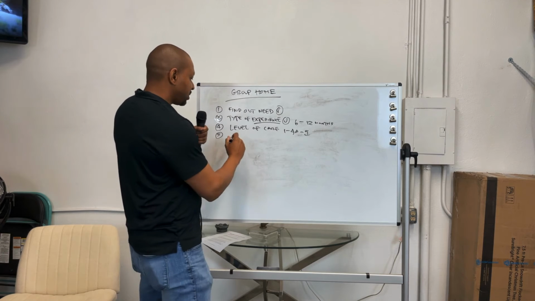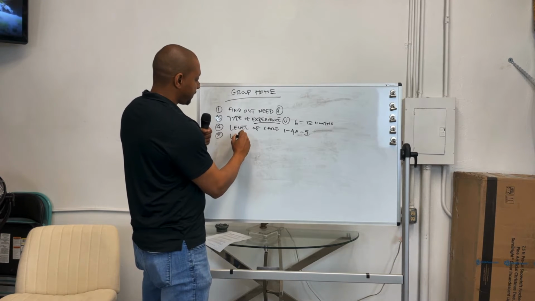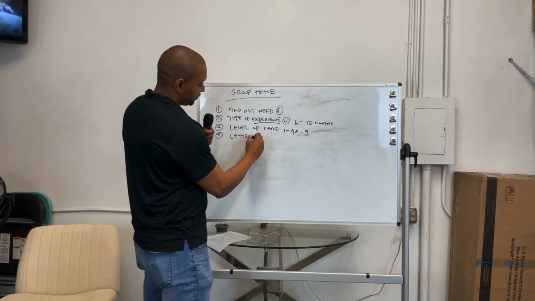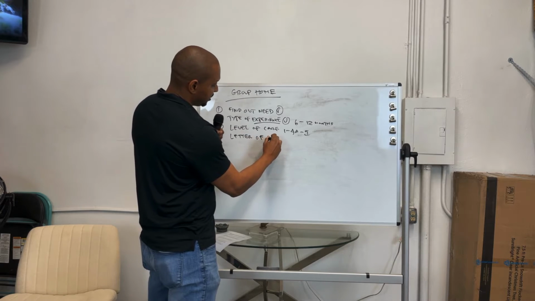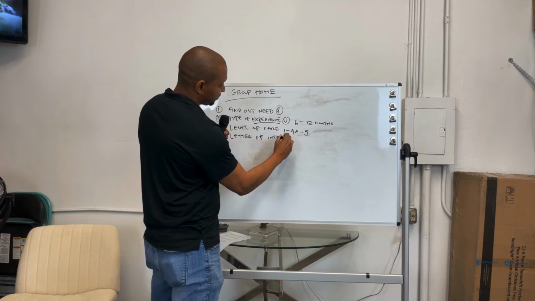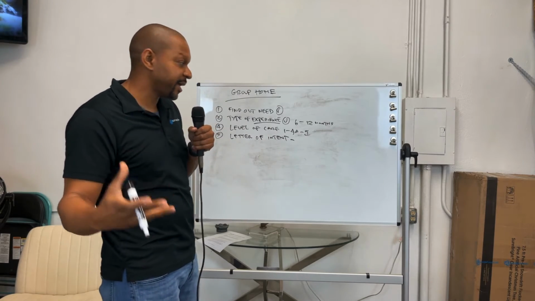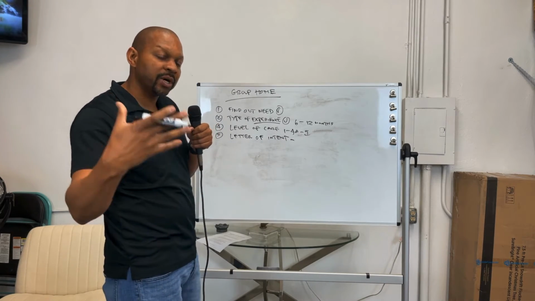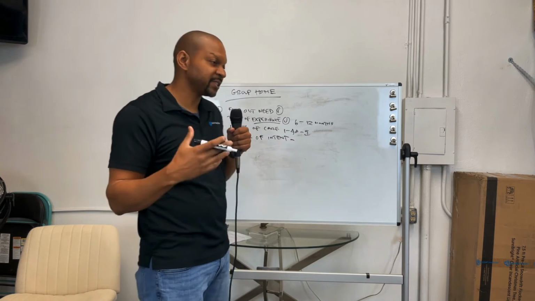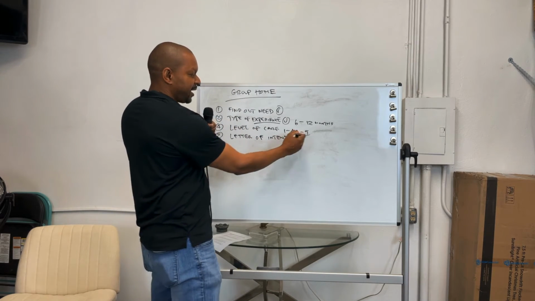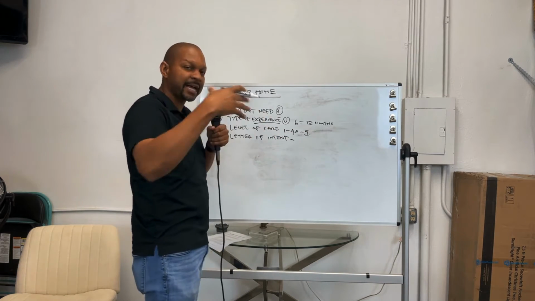Most regional centers want you to submit a letter of intent. That letter of intent is basically a letter that says that you want to develop a group home facility with this level of care and you have this type of experience.